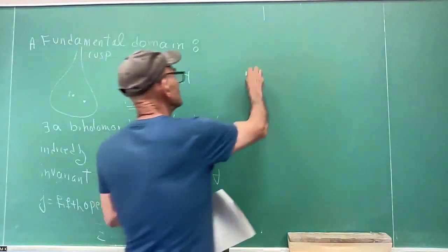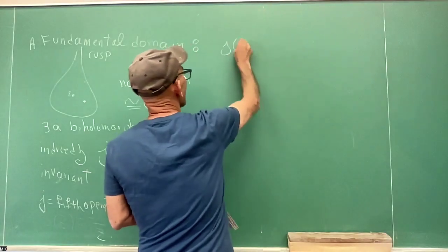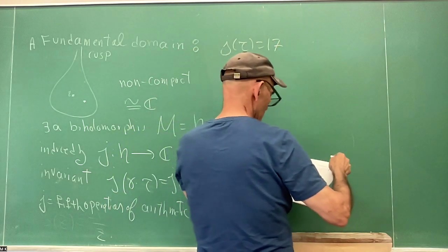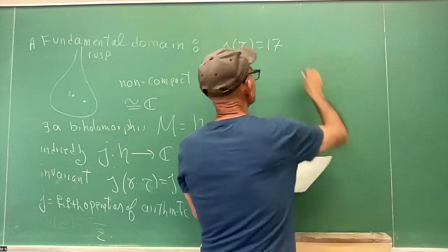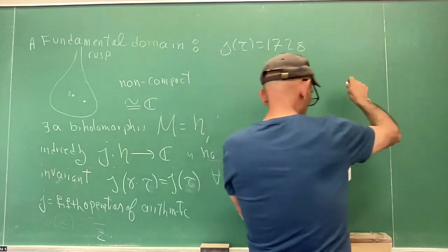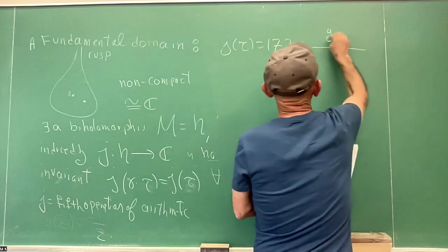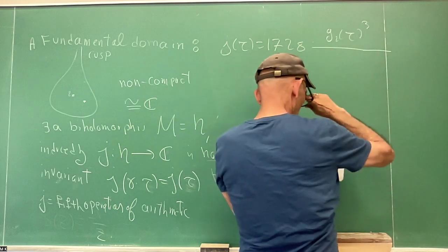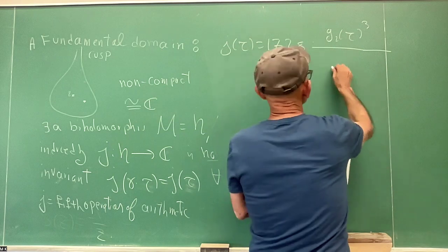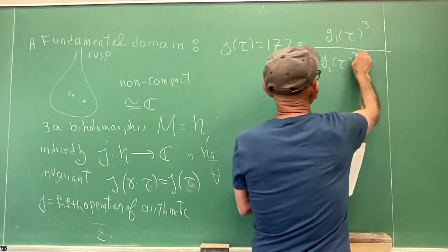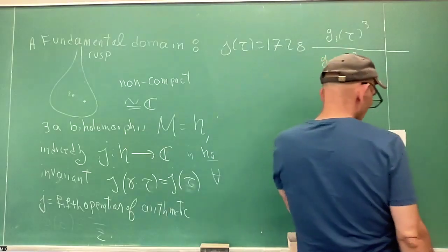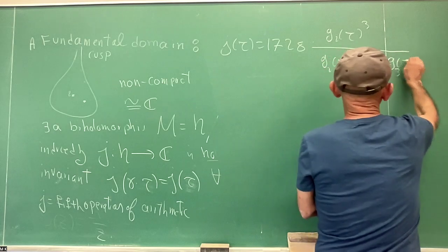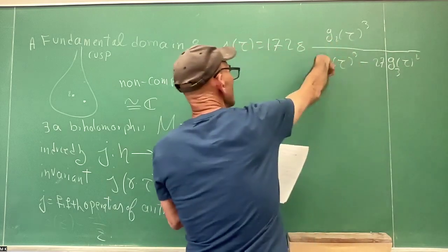So J of tau is equal to 1728 times g2 of tau cubed over g2 of tau cubed minus 27 g3 of tau squared, where we met these guys before.